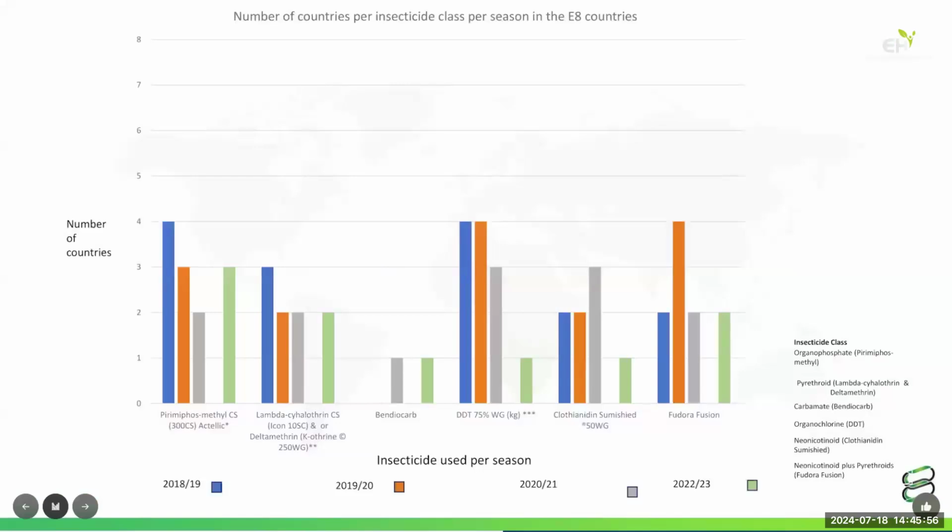So this slide is just to show how the region, the 8 countries, have been using insecticide so far. We took a period of about 3 or 4 years just for us to look at the seasons. You can see the blue shows 2018 to 2019, the orange is looking at the next season, and the last season is 2023, shown in green.